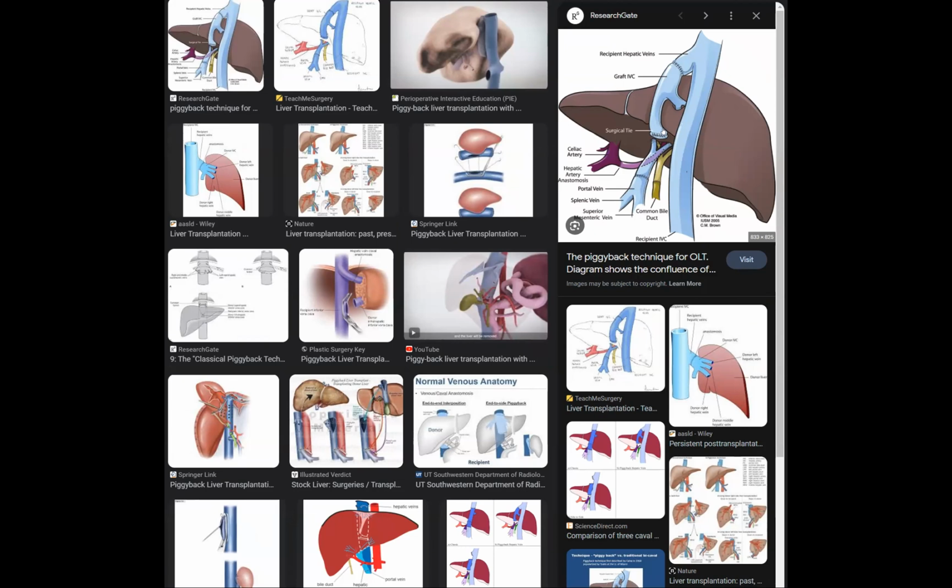They take the donor liver's IVC, the suprahepatic IVC, and anastomose that to the recipient hepatic vein, so that the surgeons only have one anastomosis to do. That's the rationale for a piggyback technique.